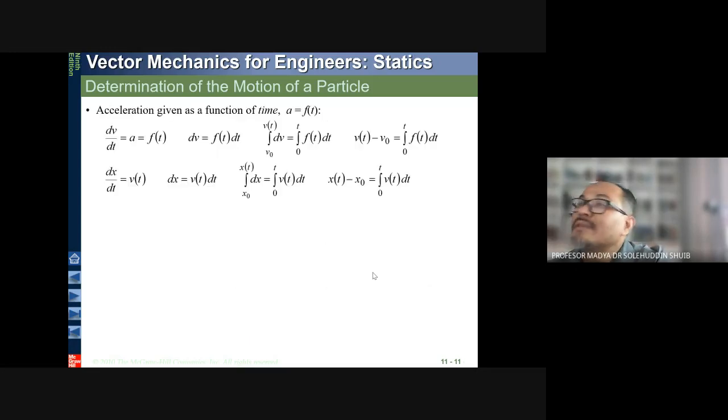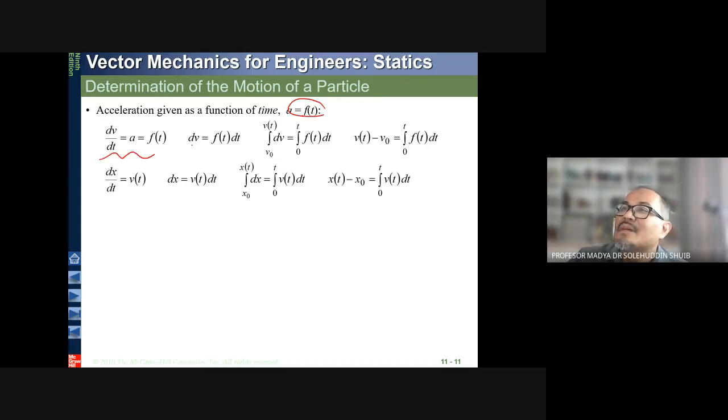Slide 11 just shows you how to do the integration for different functions of time. Given a function of time f, acceleration equals f of t. Starting from here, we know that dv/dt equals acceleration, and acceleration is a function of time.